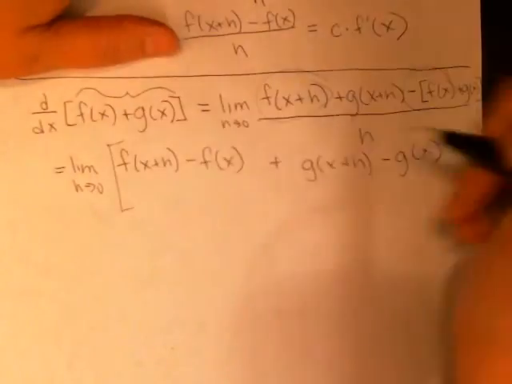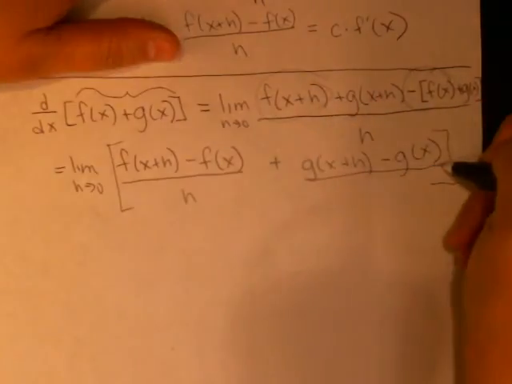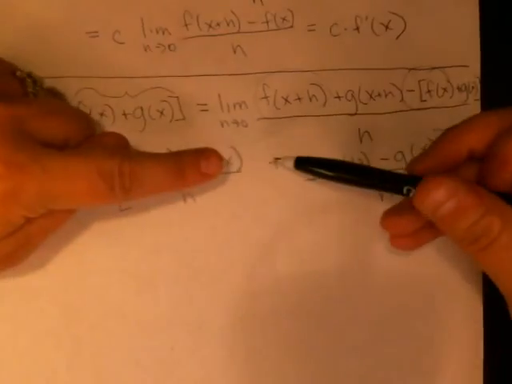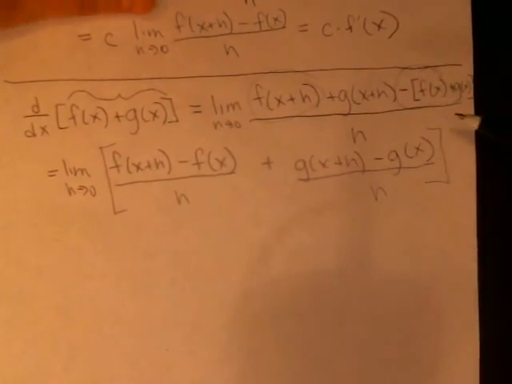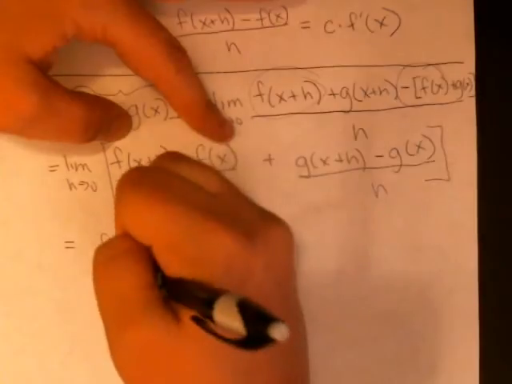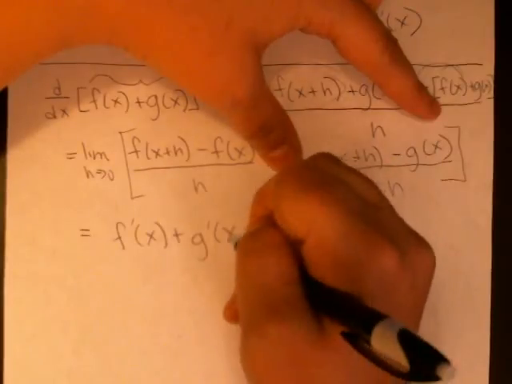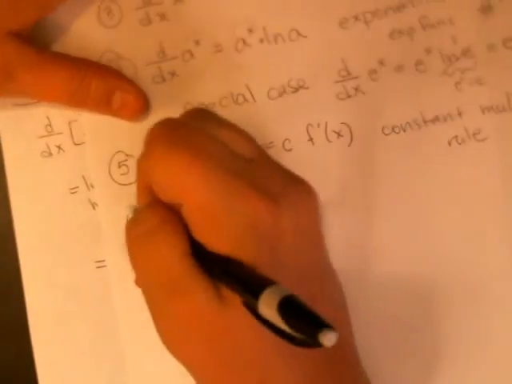It's always legal to split up the numerator of a fraction. To get back to where we started from, I would just say they already have a common denominator, so add the numerators together and put it over h, and that would get me exactly here. Which means that what I have is an f prime plus a g prime. As h goes to 0, those will just become the derivatives. So the sum rule and the difference rule work out equally smoothly.